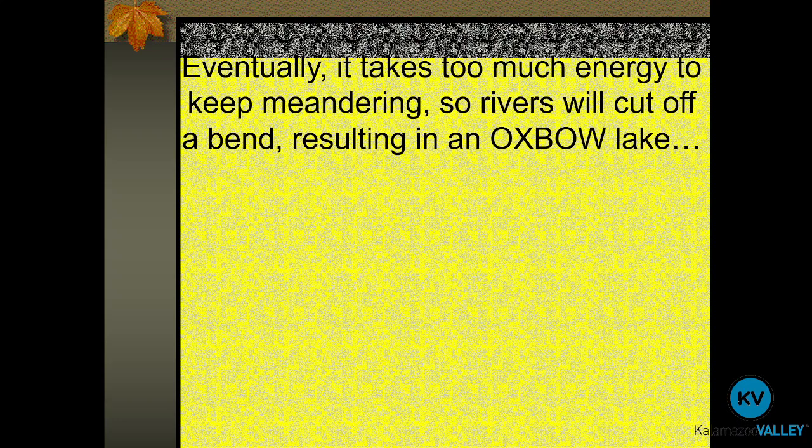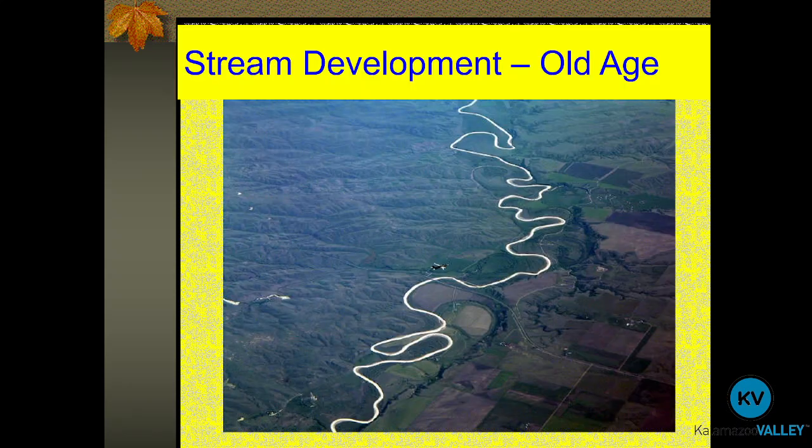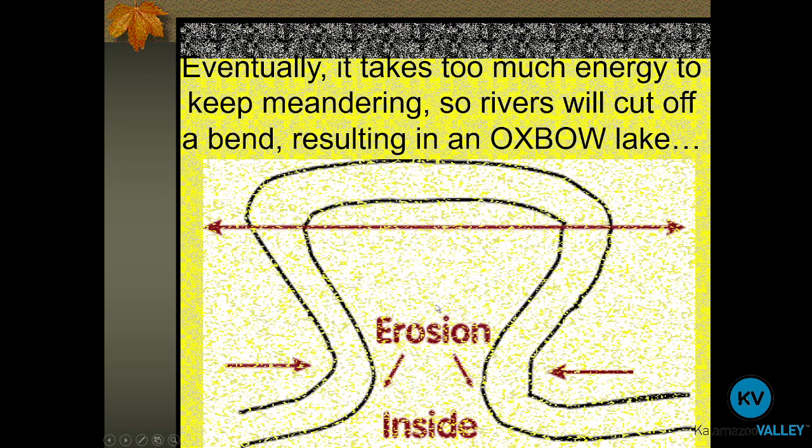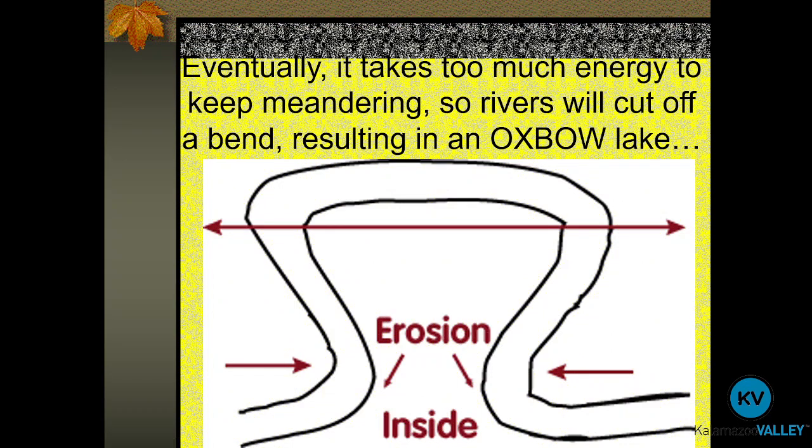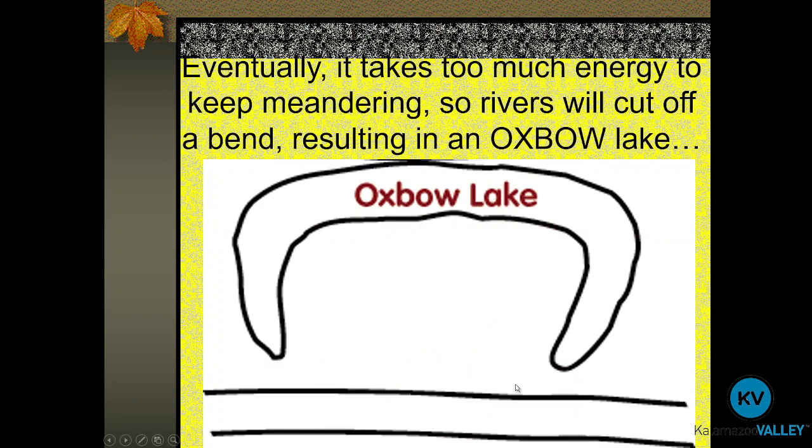Eventually those two portions of the river will meet each other and collide, and once they meet, they will close off this portion, and the river now has a new path of least resistance where it will straighten out and leave behind the old bend. And this resulting old bend is called an oxbow lake.